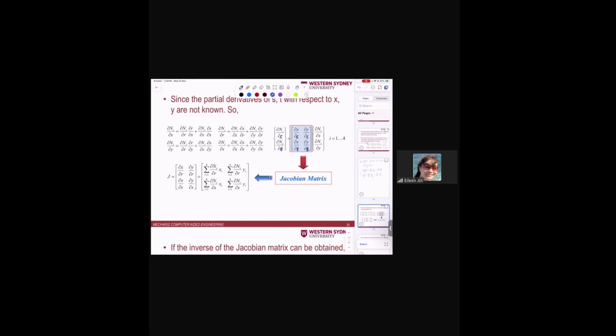By using this method, we can convert the coordinates from X and Y to S and T.